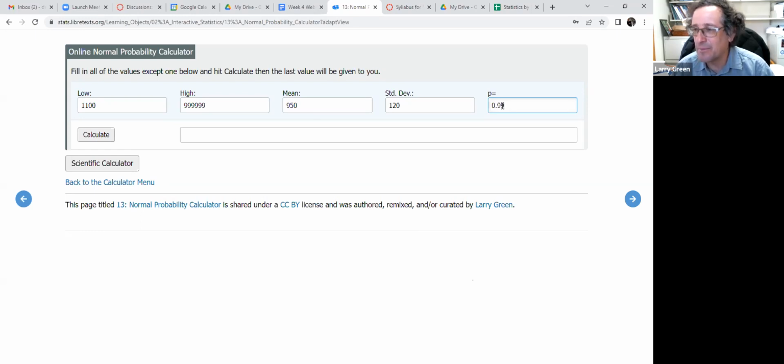So we want to go from basically 0, or negative 99999, to how much we need to have. So we're going to let this one be negative 99999, and the high is what we don't know. And we want to make sure there's a 99% chance that we're between no one coming for ice cream and whatever this value is. Do you see how that works? That's what we want to be most likely.